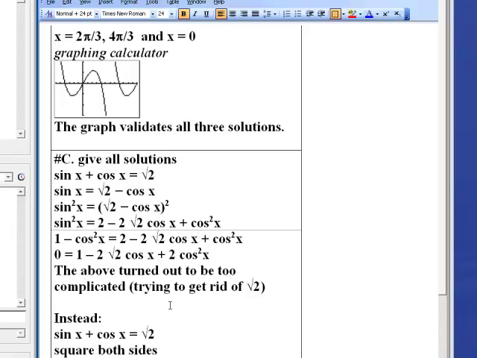And then, of course, on the left-hand side, I recognize that I have sine squared plus cosine squared equals 1. So on the left-hand side, I'm going to have 1 plus 2 sine cosine. Now, of course, the 1 on both sides cancels, and what I have left is 2 sine cosine equals 0, and that looks a whole lot easier than what I had in my dead-end approach a while ago.